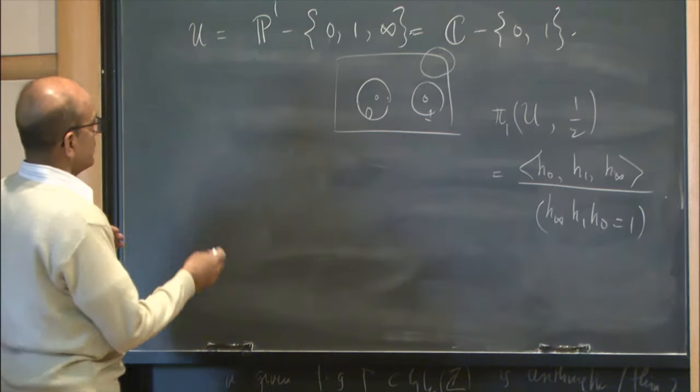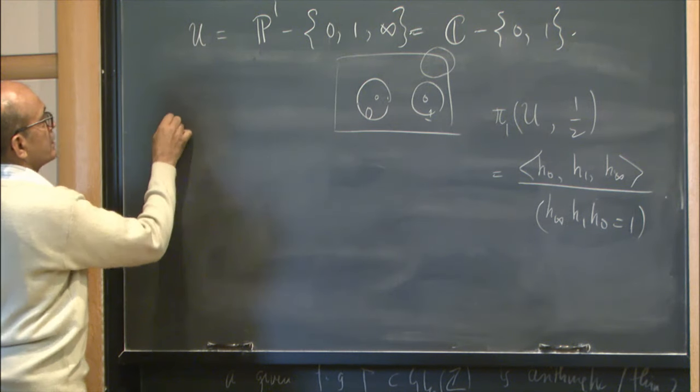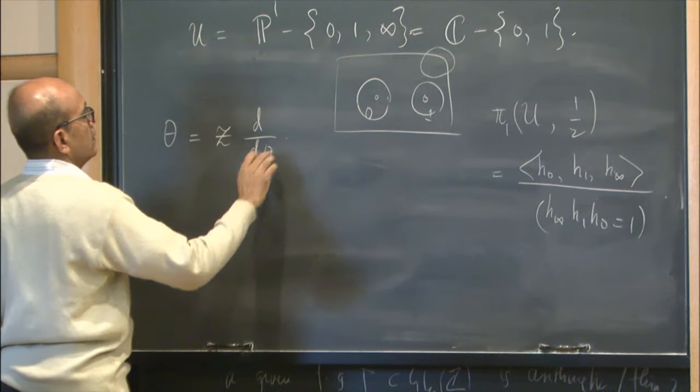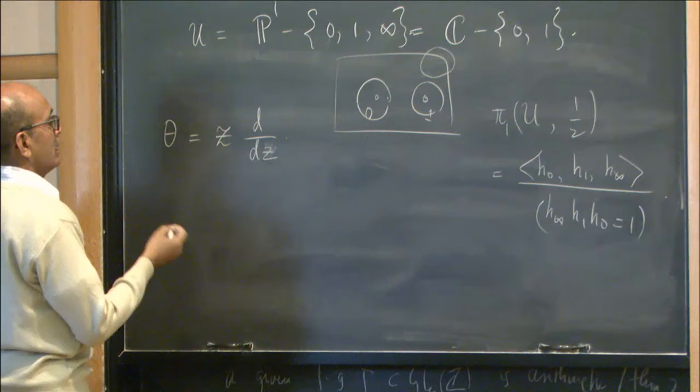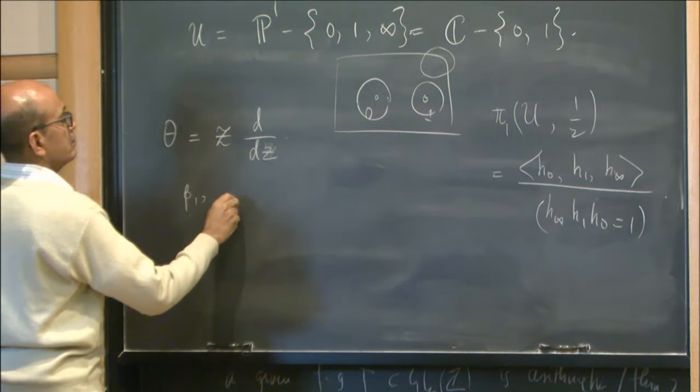So the differential equation is what's called the hypergeometric equation. So let me introduce the following operator. Theta is z d by dz, sorry, and I fix numbers.